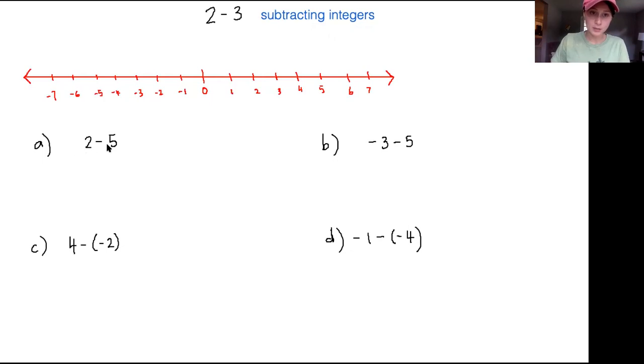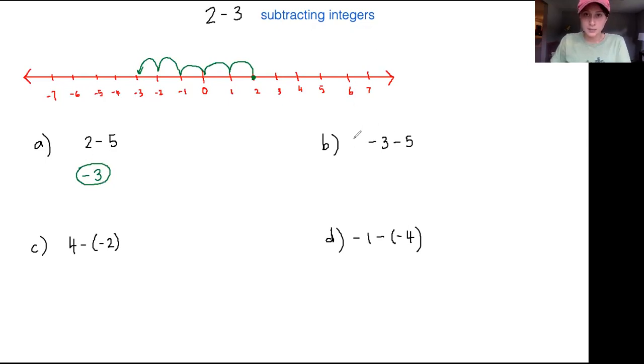Let's do example A here. This is saying I'm starting at 2, and then I'm taking away 5, which means because this is a negative or a subtraction sign, I'm going to the left, right? So I could go over to the left, 1, 2, 3, 4, 5, and I end up at -3. So -3 is my answer.